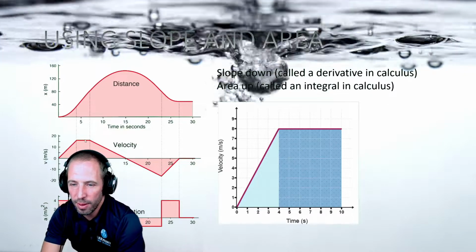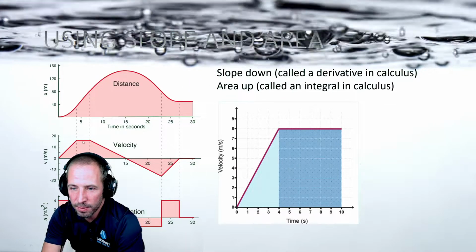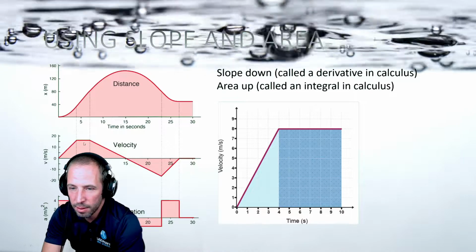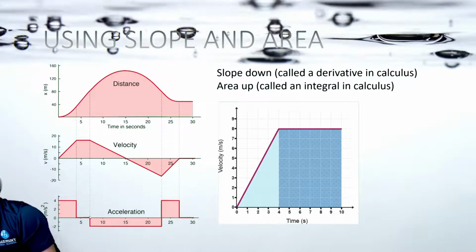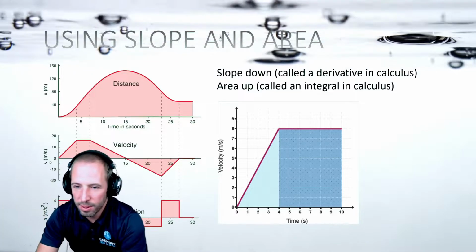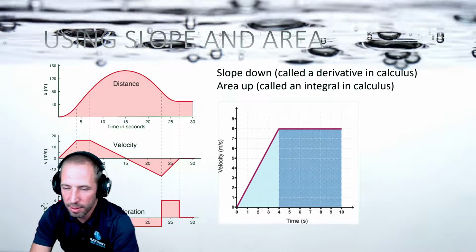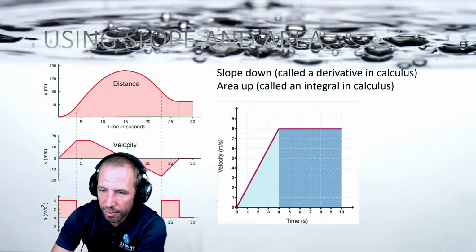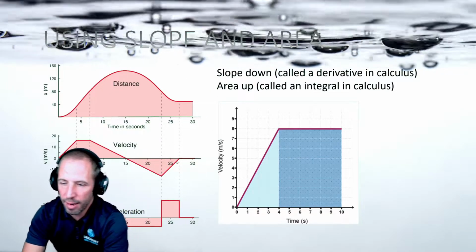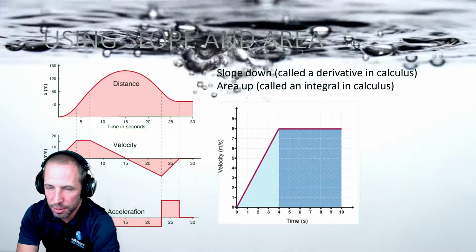Ready? What's the slope right here? 0. Hey, 0. Okay, what's the slope right here? Some positive amount? And yep, some positive amount. So you can use slope to think down a graph. Make sure you also always stack your graphs in this order: distance, velocity, acceleration.